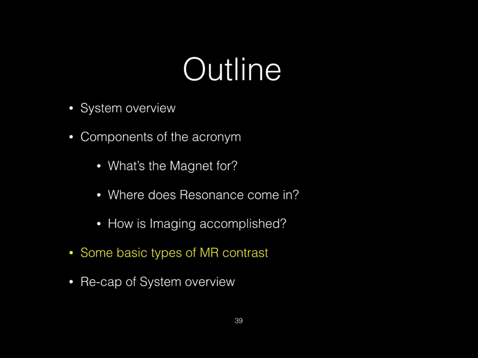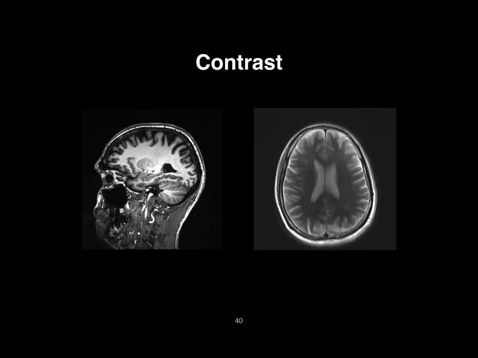Okay. So we'll get into some tissue contrast, unless there are more questions about what we just went through. Okay. All right. So images like this, probably most people have seen images like this? Okay. This is an MP Rage, it's a spin echo type of image.